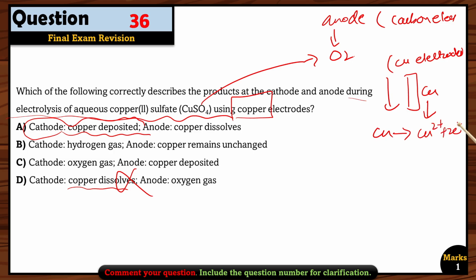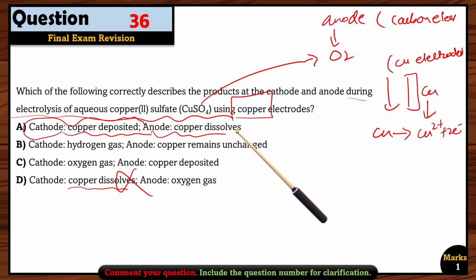So it means it will get dissolved. That's why at the anode, the copper will always dissolve when copper electrodes are used. It does not matter which electrolyte you are using. Even if it is copper chloride, the anode product will still be copper ions, okay?